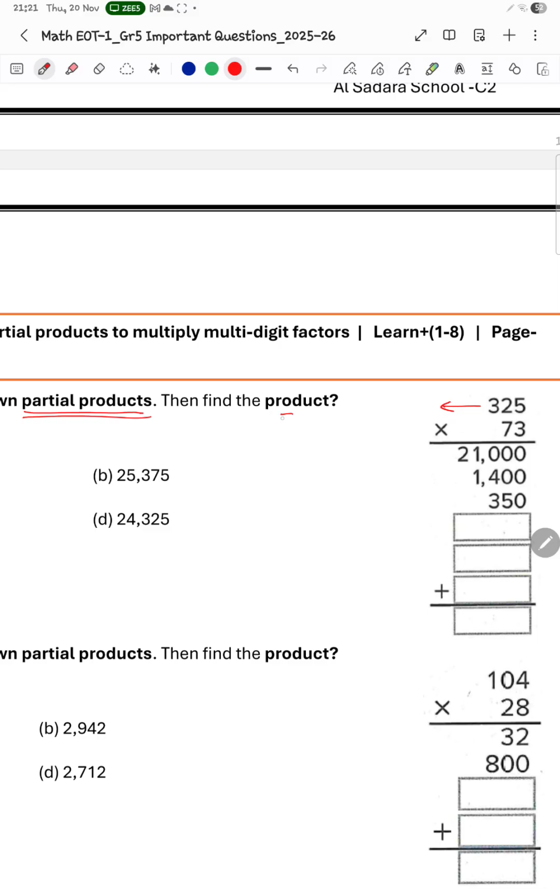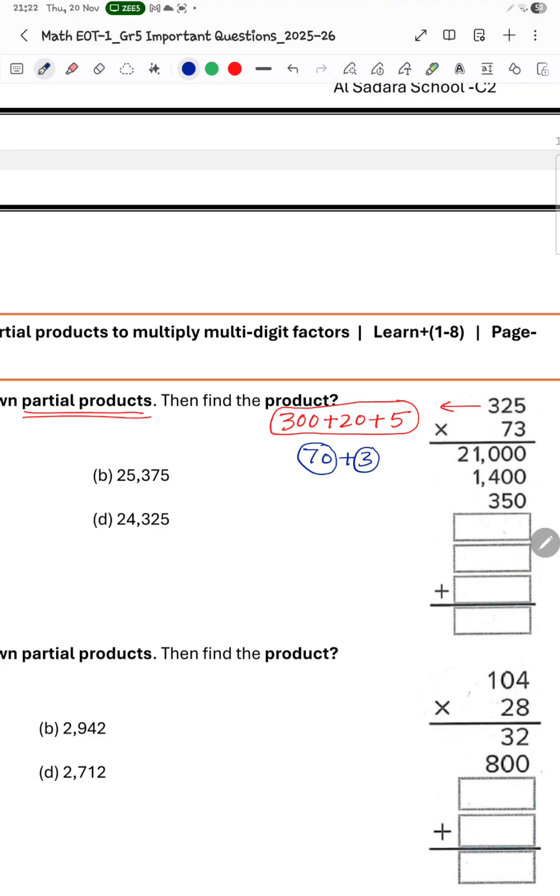I will break it as 300 plus 20 plus 5. And how to break 73? 70 plus 3.